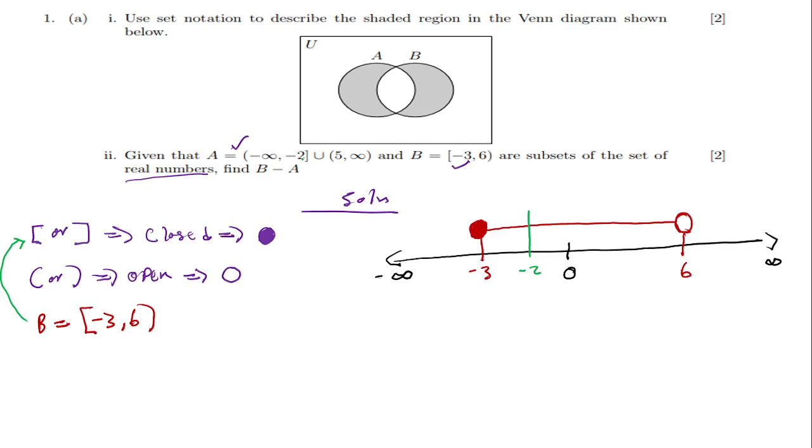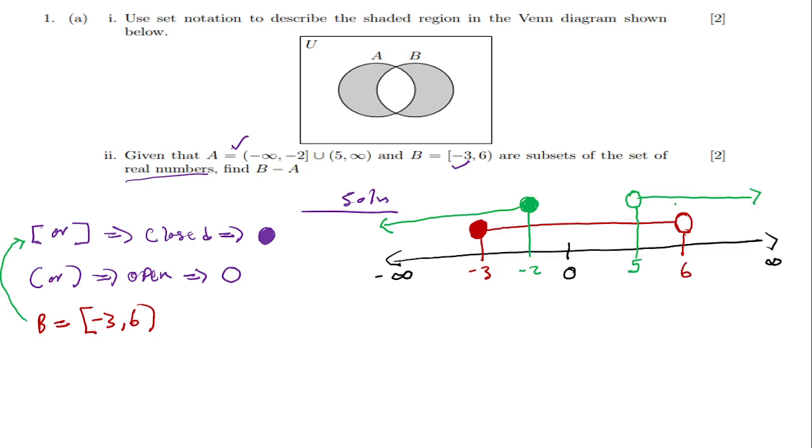So you go this side like that. Then you're going to say union 5, infinity. Where is 5? 5 is somewhere here. You put an unshaded circle because 5 is not part of the answer, and then you go this side.